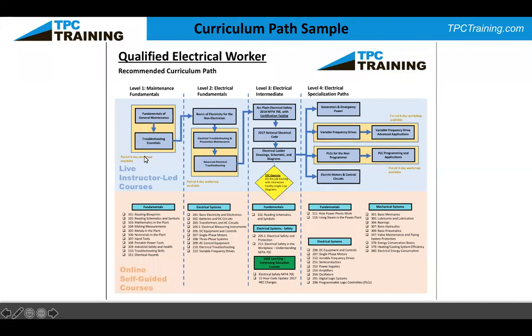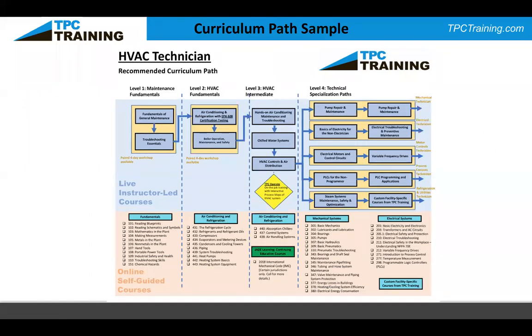Different formats here, right? You can see live instructor-led training and online self-guided courses mixed all together here. And then here's just another type of job title, for instance, with whole different types of classes. Maintenance fundamentals always starts it off, but now let's say you're an HVAC technician for a school or a college.